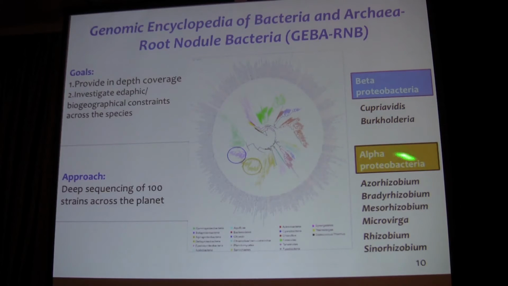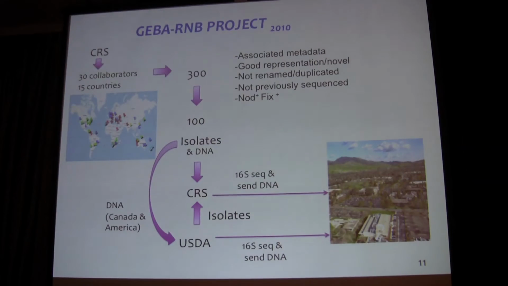You can see we've got representatives of the alpha proteobacteria, and we've also got representatives of very novel isolates which have recently been discovered in the beta proteobacteria. And the idea being, in the first instance, to send out a call to the international community. I did that using international congress lists and contacting existing collaborators.